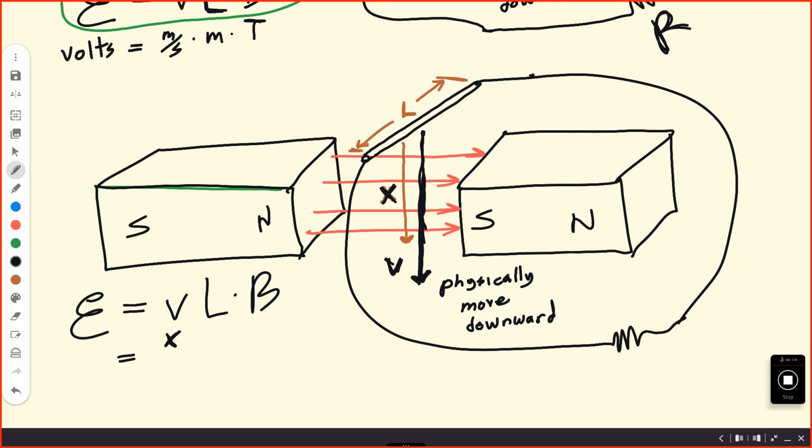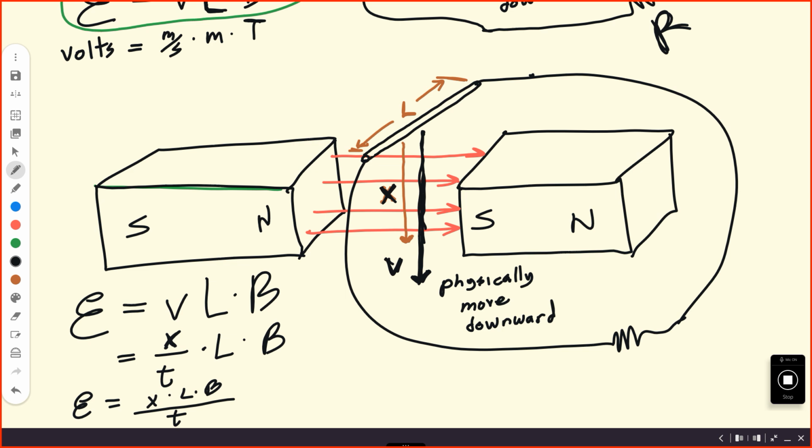So it's x divided by t times L times B. So this EMF is equal to x times L times B all over T.